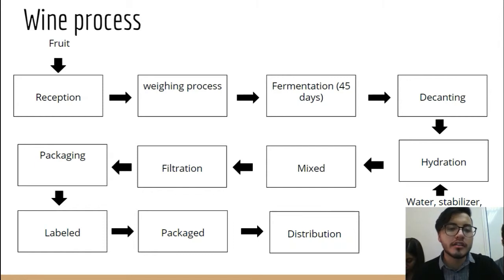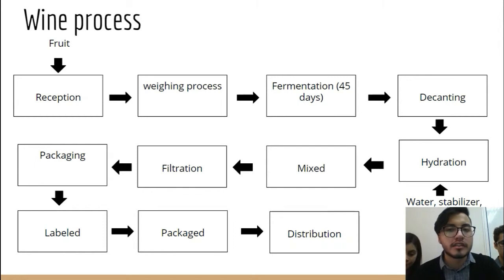So after the packaging, we put the label. In the label, they put the specific amount of alcohol that the product has, the certain percentage, which depends on each wine, and also on the fruit and things like that. After the label, we have the final package.